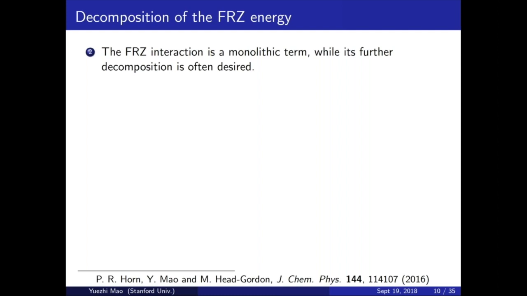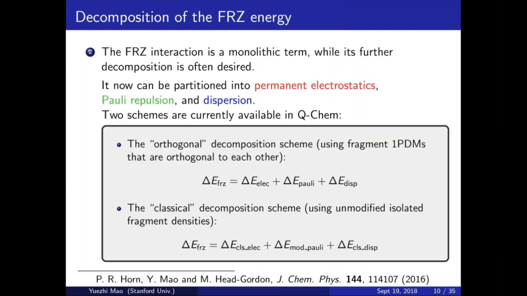This further decomposition of the frozen term is mostly useful for things like force field development, because in a force field, people usually have terms like electrostatic interaction and repulsive and attractive van der Waals interaction, and these things correspond to the permanent electrostatics, Pauli repulsion, and dispersion. And now there are 2 schemes available in Q-Chem to do the frozen decomposition.